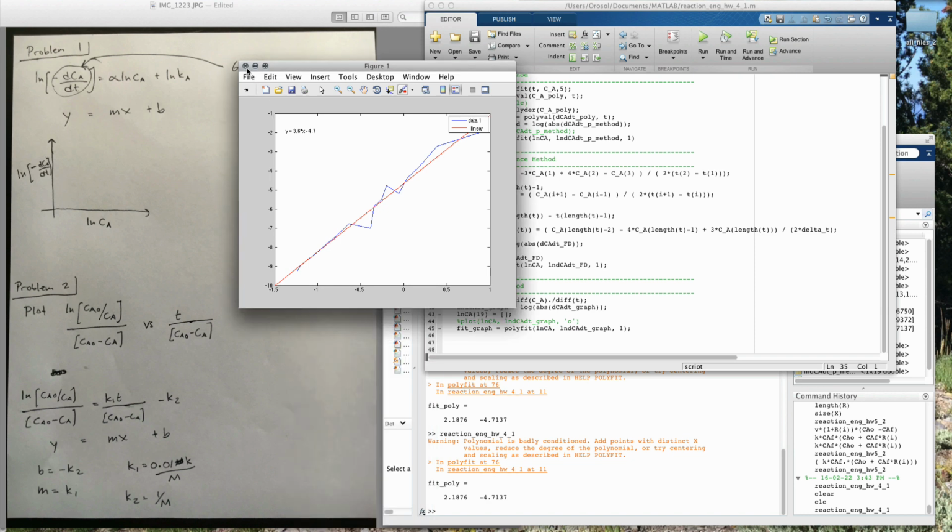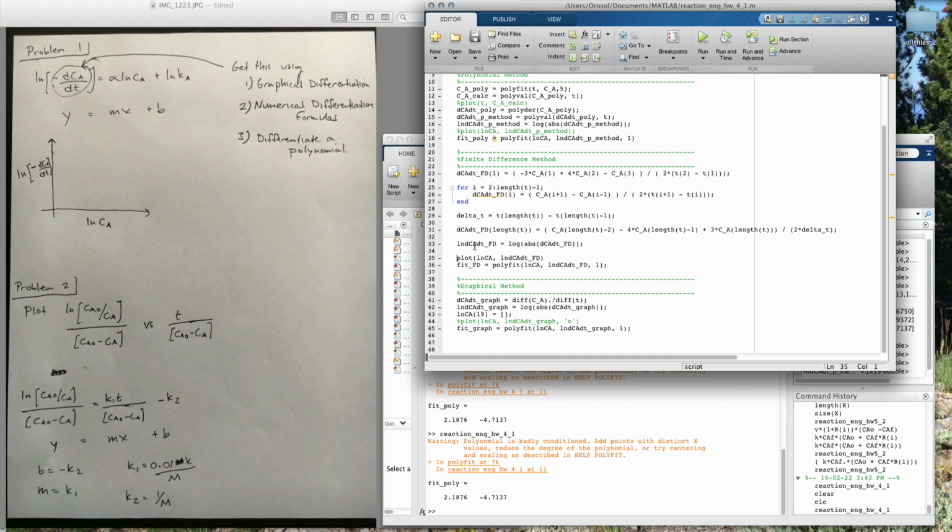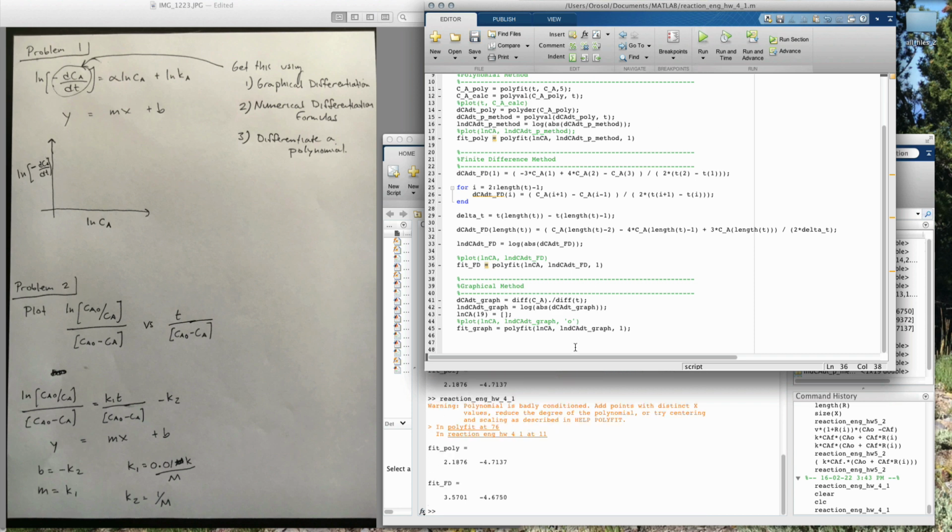If I comment that out again, take that semicolon off and run it, you see it gave me the same thing here, because this is fitting it. I'm saying fit the data, ln of Ca, ln dCa dt, and the 1 is for linear regression. So that's what I get.